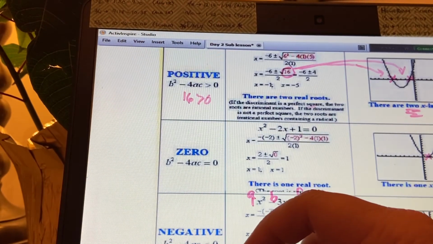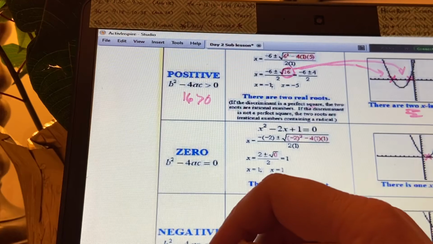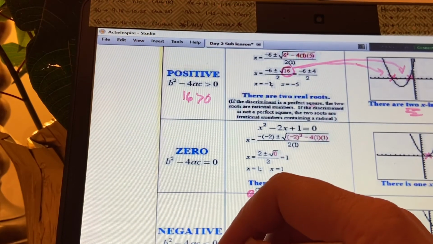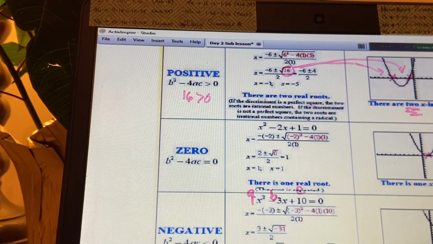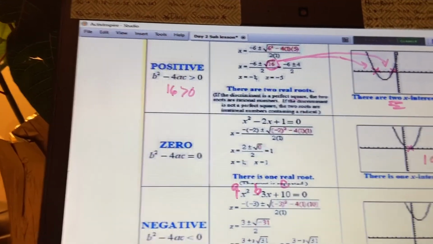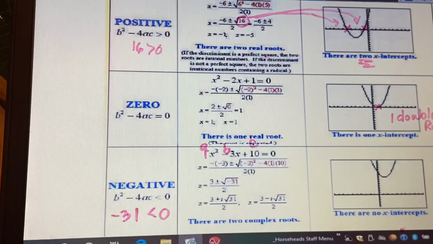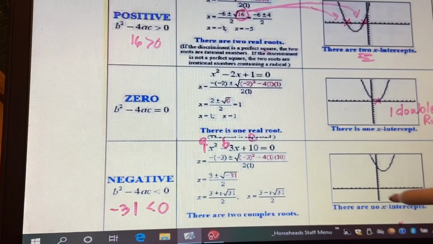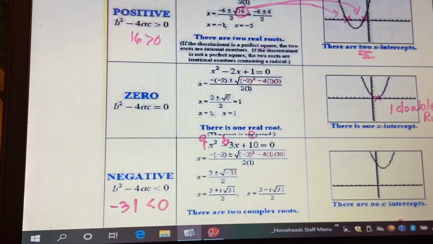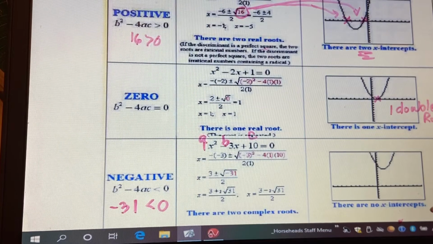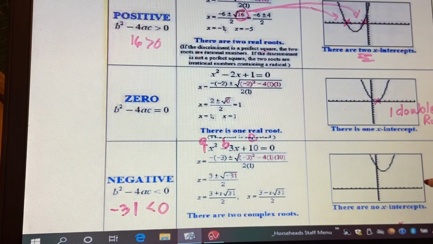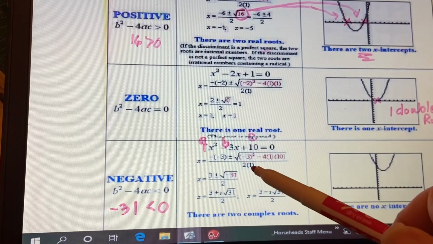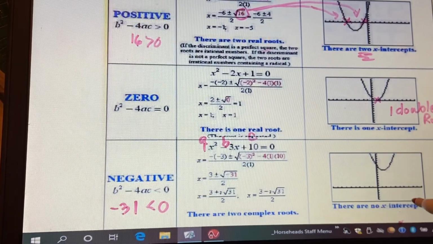If your discriminant, negative 31, is less than 0, your parabola is not going to touch the x-axis, ever. So you have no real roots. There are no x-intercepts, and that's what an imaginary root is. It's when you don't touch the x-axis. Okay, so if you get a negative, you have no real roots.